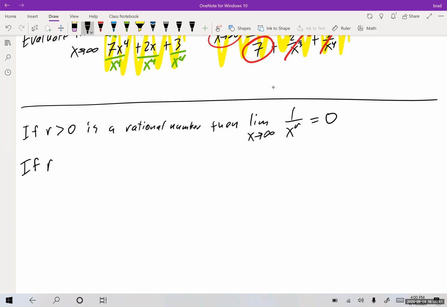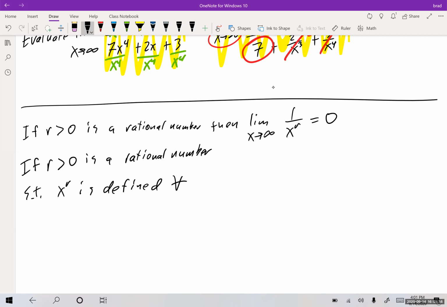If r is greater than 0 is a rational number such that x to the r is defined for all x, then the limit as x approaches negative infinity of 1 over x to the r is equal to 0.